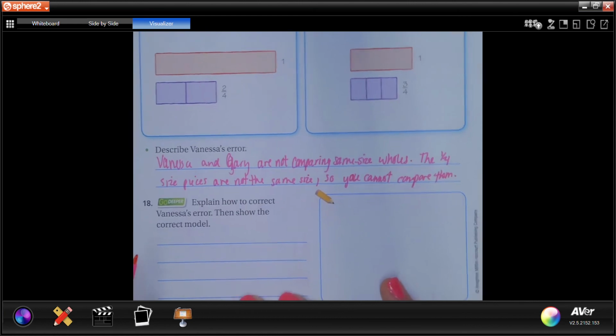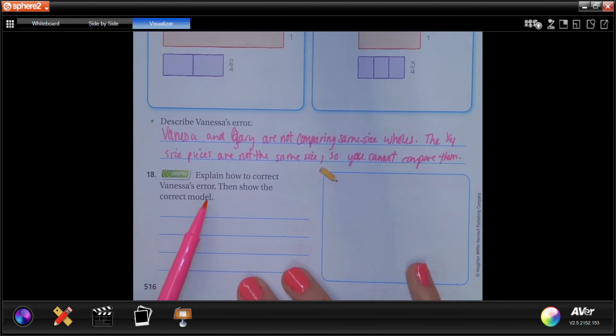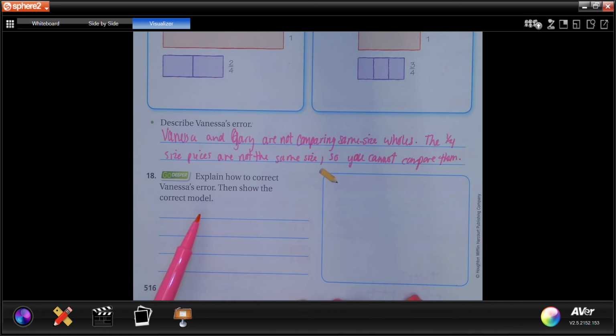So now for number 18, we need to explain how to correct Vanessa's error, then show the correct model.